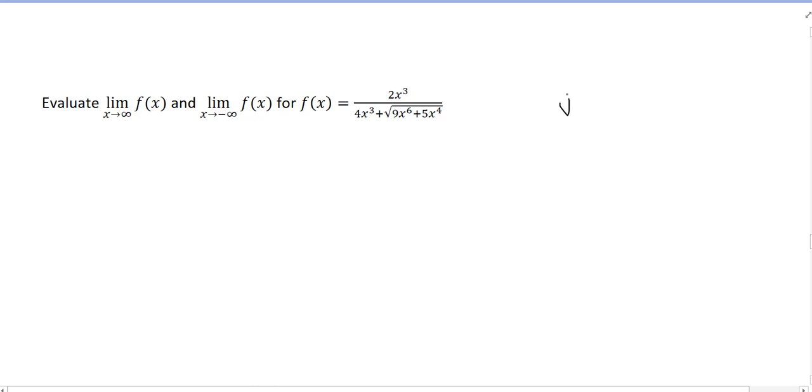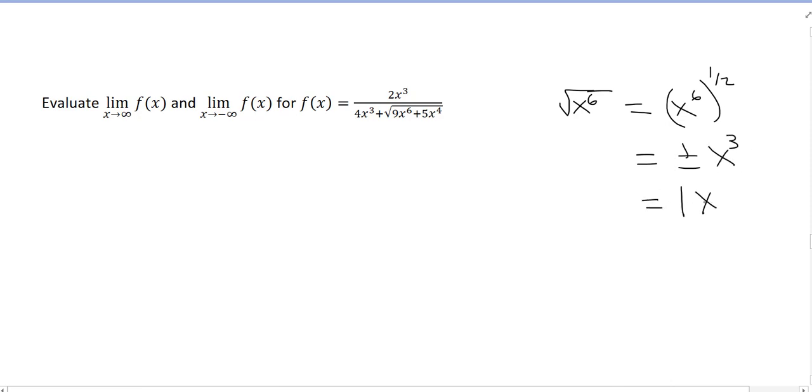If you have the square root of x to the 6, that is x to the 6 to the 1/2, so power to a power you multiply. So we are going to get an x cubed, but I am taking the square root, right? So this is really plus or minus x cubed, or a better way to say plus or minus is the absolute value of x cubed. So we'll keep that in mind. That's going to come in handy.